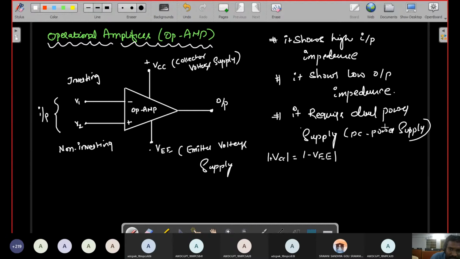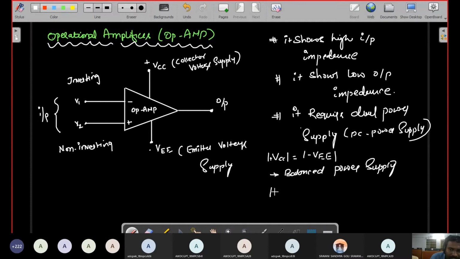Okay, so this is the dual power supply actually. In dual power supply, these two values are almost equal. Then it is called a balanced power supply.